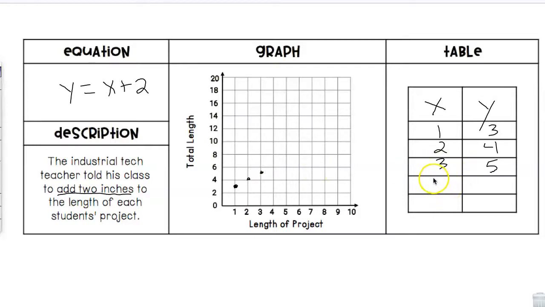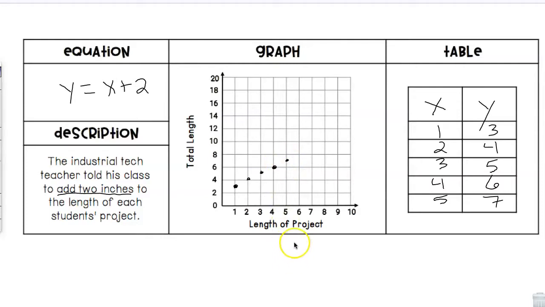Put in a 4 for my x, add 2, I will get a 6. And put in a 5 right here, add a 2, I will get out a 7. So that is what it graphed.